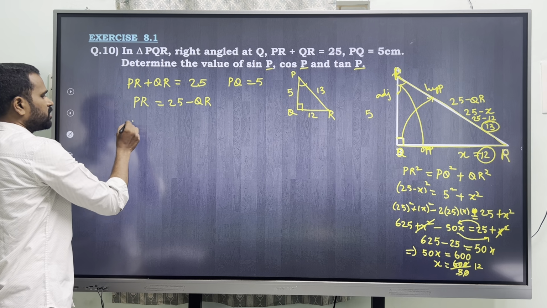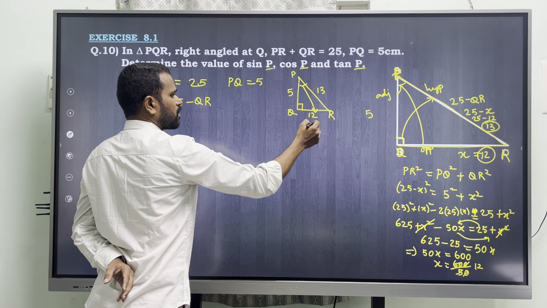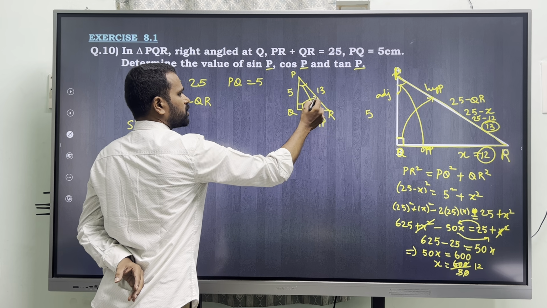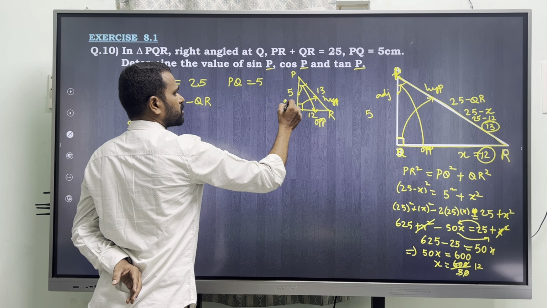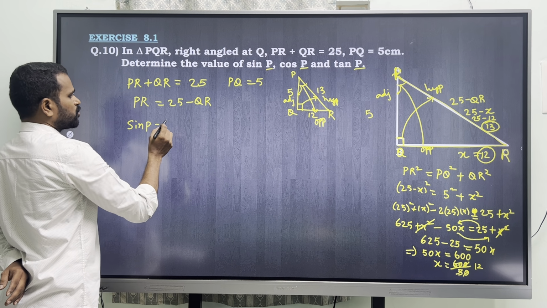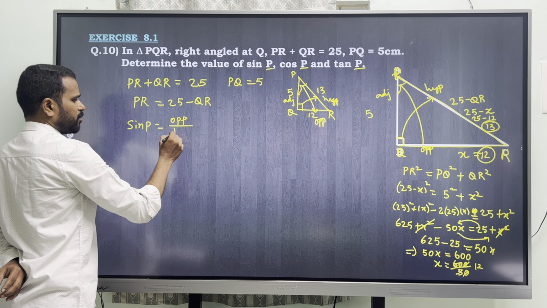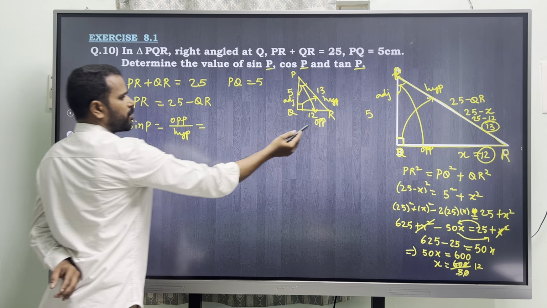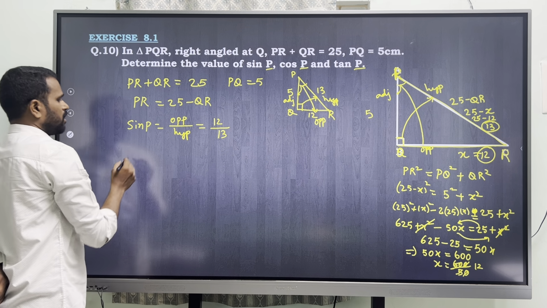Now what we have to find? Sin P. So opposite to the 90 degrees is the hypotenuse, and this is adjacent. So sin P is equal to how much? Opposite side upon hypotenuse. Opposite side how much? 12. Hypotenuse is 13.